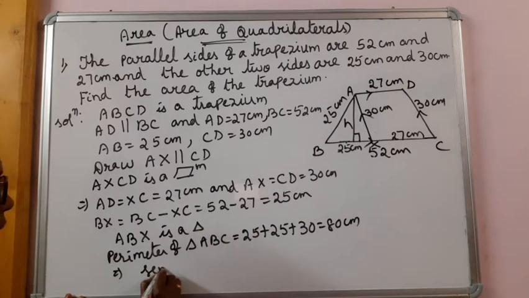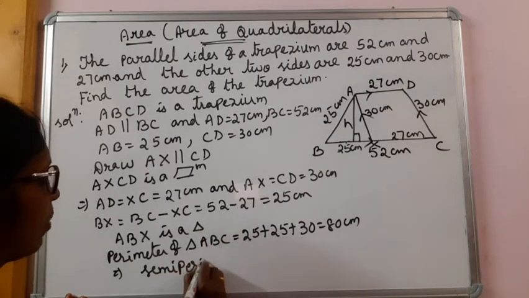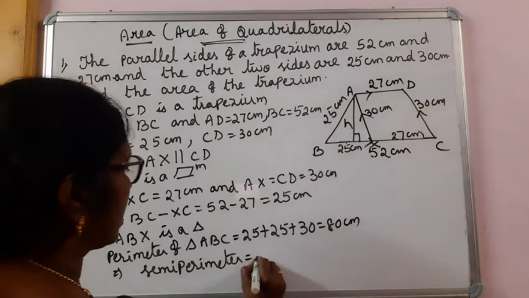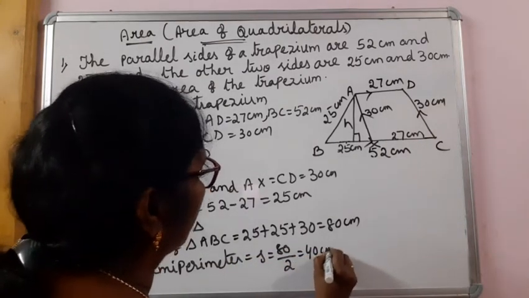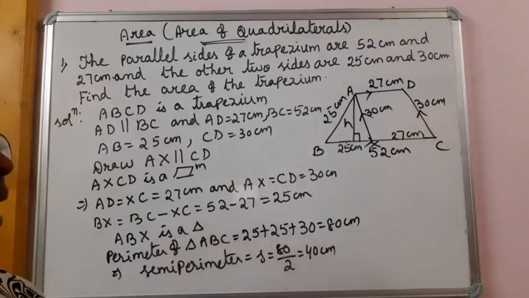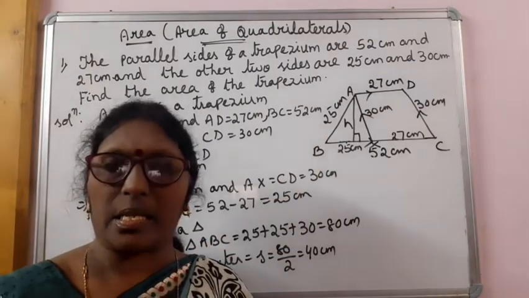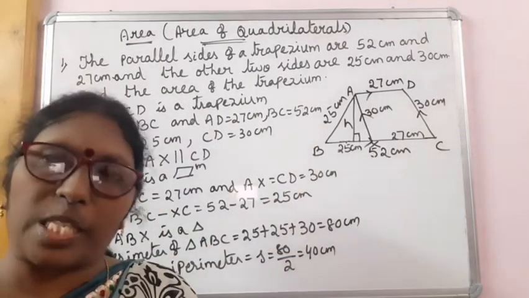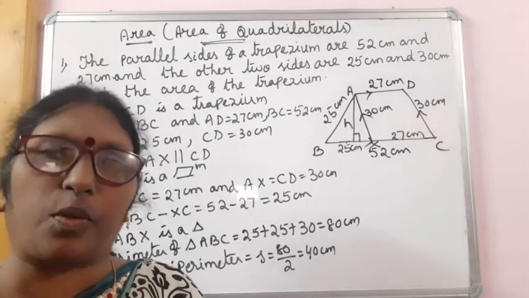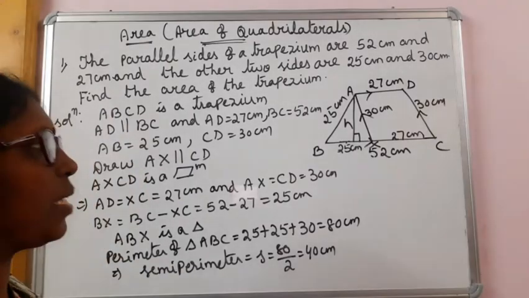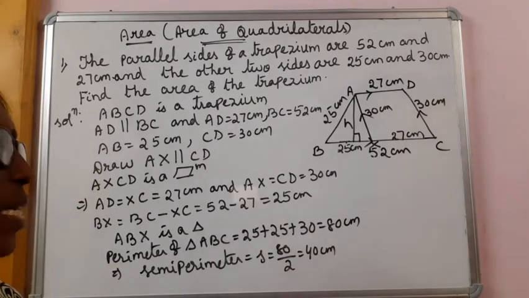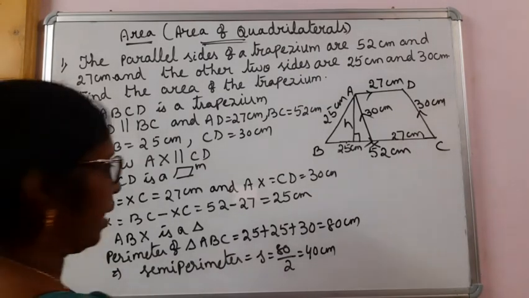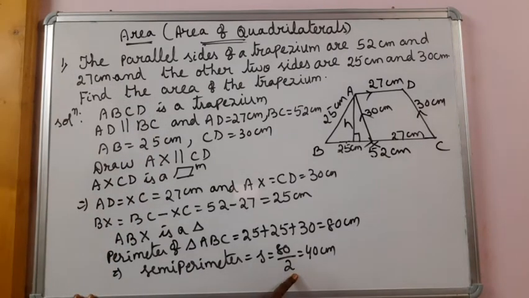Perimeter is 80 cm means semi-perimeter S is equal to 80 by 2, that is 40 cm. Why? Because the area of a scalene triangle is square root of S into (S minus a) into (S minus b) into (S minus c), where small a, small b, small c are the three sides of a scalene triangle. So semi-perimeter we got.